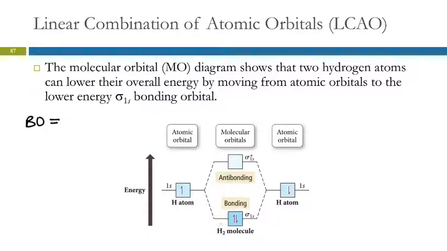There are 2 electrons in there, so that's 2. We subtract the number of electrons in antibonding orbitals, which is 0. Then we divide by 2, because we're looking at bonding and antibonding. Bonding is positive, antibonding is negative, and we divide by 2. That gives us a bond order of 1. Does that make sense?